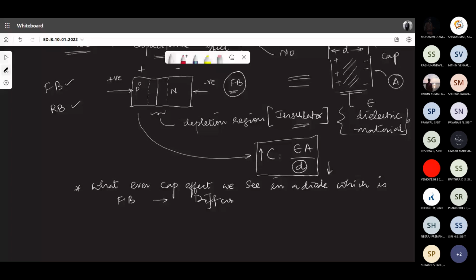And the name very much matches with the process which is happening. When you forward bias it, there is a diffusion which is really going to happen, and that is why the capacitance effect is called the diffusion capacitance. It is indicated as CD, capital D.